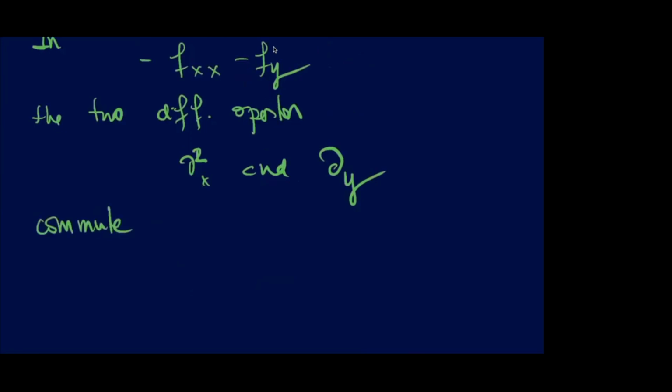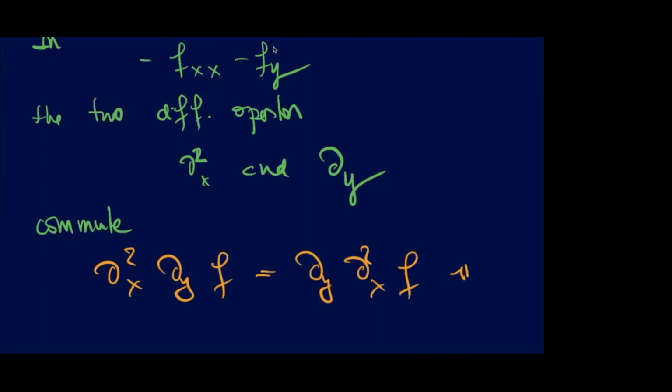Right? You agree with me that in the context of distribution theory, you don't really make the distinction, right? Two derivatives in X, one derivative in Y of f is the same as one derivative in Y and two derivatives in X of f, in the space of distributions.